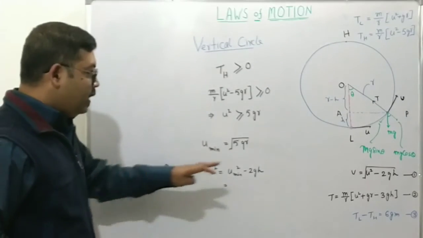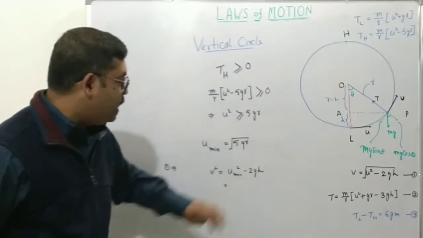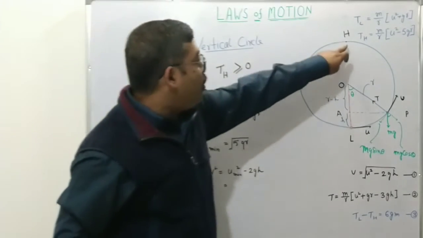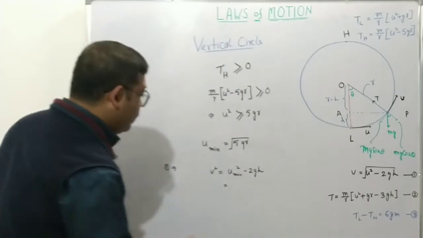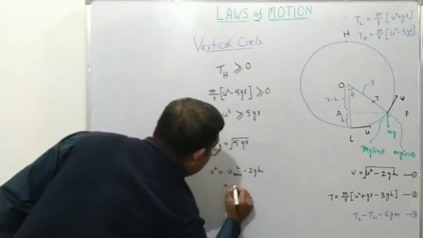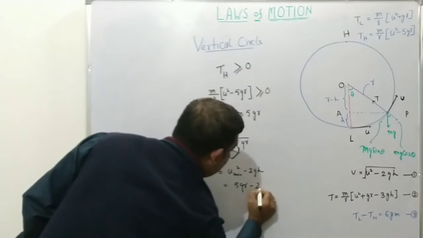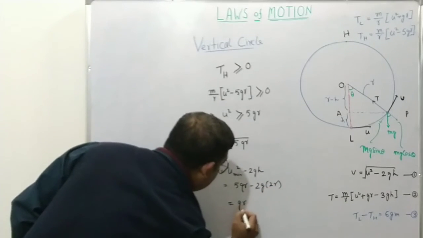If it is so, then from equation number 1 what we get is that v square equals u minimum square minus 2gh. However, now we are determining at the highest point, for which small h is equal to twice r. So we substitute the value, v square will be equal to 5gr from here minus 2g into twice r, that is to say gr.